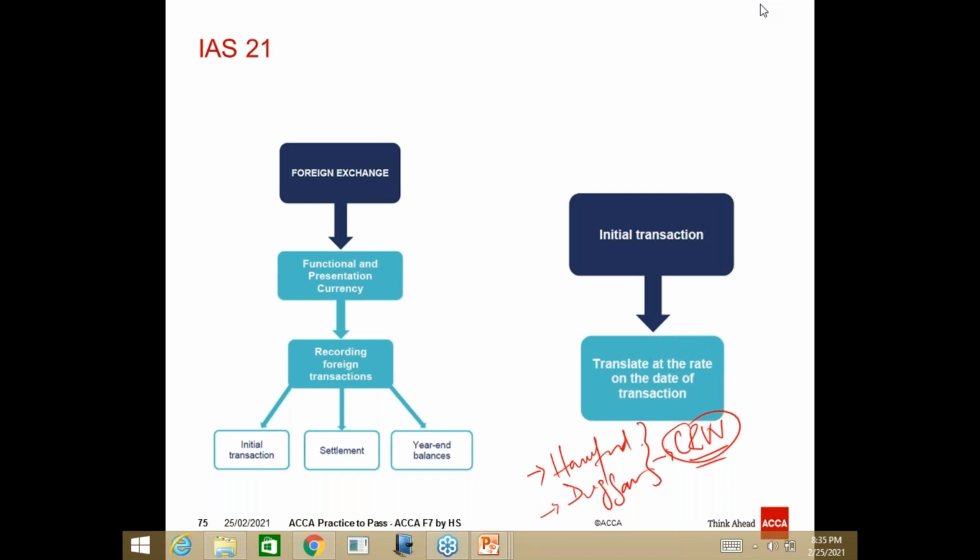And according to my special plan, right now I'm talking especially with those students who got flunked previously. According to the special plan that I have shared, for the 24th of February you need to do the revision of the practice to pass slides that I have given to you, and MCQs of the key IFRSs.